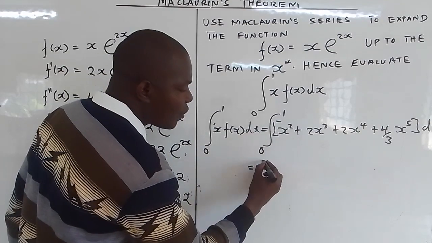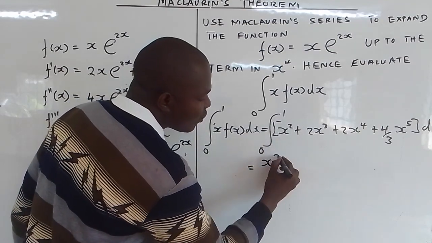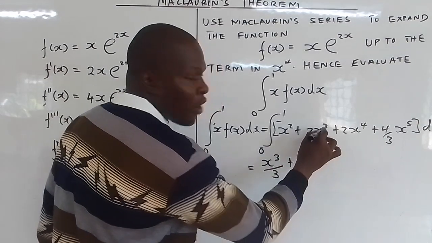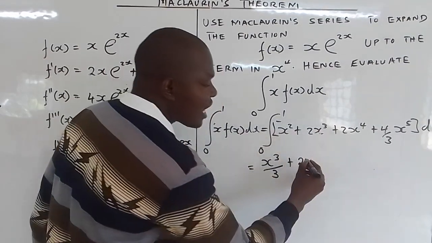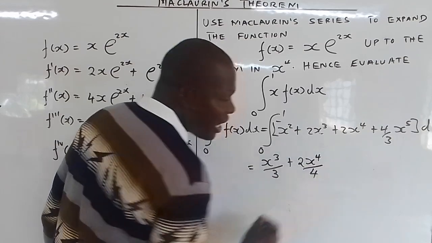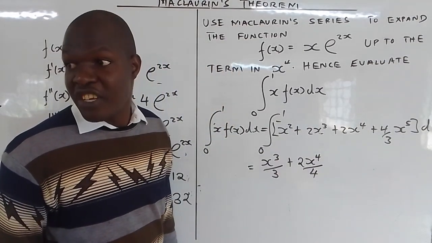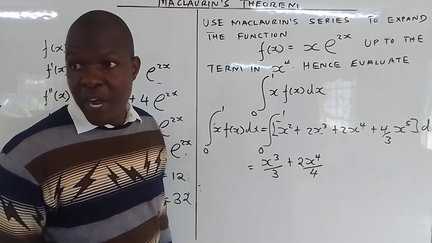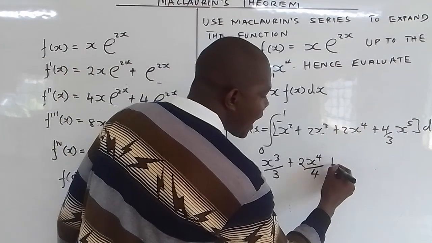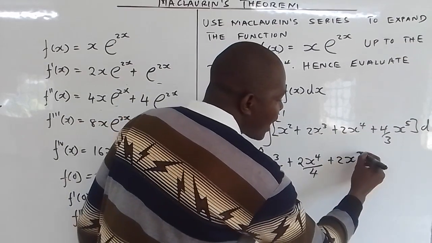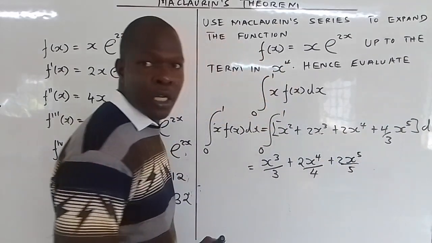So can we now start? X squared, if you integrate, you get x cubed over 3. Then here we have 2 is a constant. So x cubed, if you integrate, you get x raised to power 4 over 4. We are only dealing with the power only. Coefficient is not our business in integration, isn't it? Are we together? Move to the next one. Here we have 2 is a constant, then x to power 4. X to power 4, if you integrate, you get x to power 5 over 5.